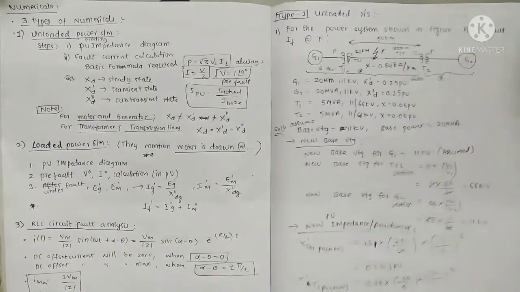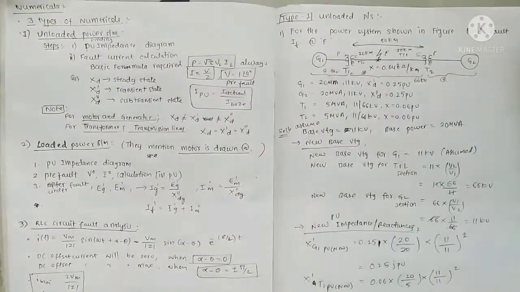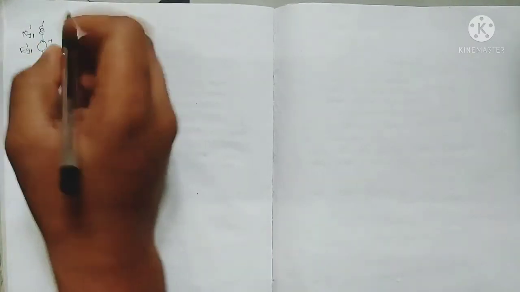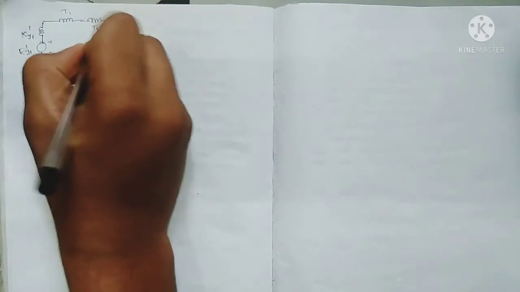Let us draw an impedance diagram. Generators G1 and G2 are connected, with T1 and T2. We get the impedance diagram as follows: this is XG1 and this is the voltage source EG1 dash, just mentioned to avoid confusion. This is the T1 transformer, then transmission line 1.